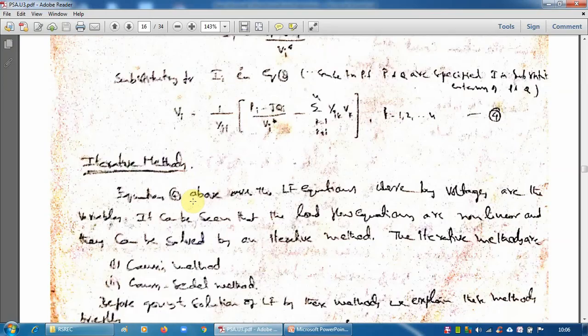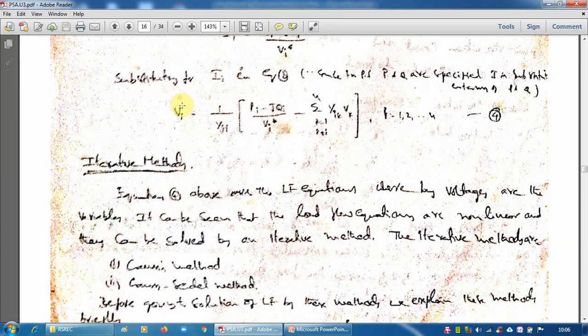Now you see this equation 4. Above are the load flow equations, where bus voltages are the variables. Here this is the voltage of the ith bus. Vi means voltage of the ith bus. If there are n number of buses, we will be having n such equations, V1, V2, so on, Vn.